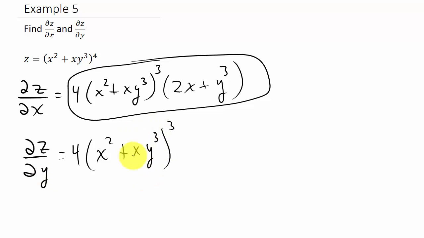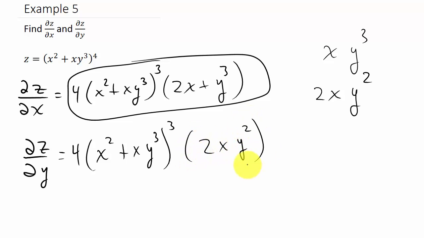Now let's take the derivative of this, xy cubed. Okay, well, the 3 comes down to multiply to the x, so that's what? 2xy, and subtract 1. So it's 2xy squared. Remember, x is a constant.